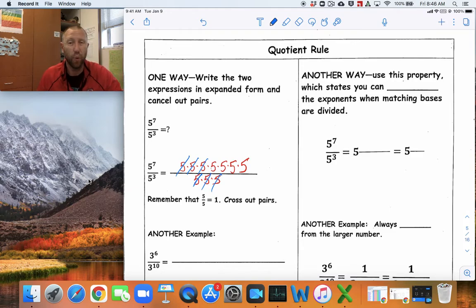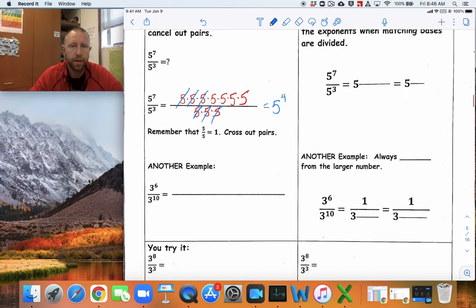So really, I just have a 1 on the bottom. Well, dividing by 1 doesn't change it. So really, this is just 5 times 5 times 5 times 5, or 5 to the power of 4, right? I can put that over 1 if it helps you to think about it, so you know that there's a 1 there still. But dividing by 1 doesn't change the value of it, so I'm just going to leave it as 5 to the power of 4.